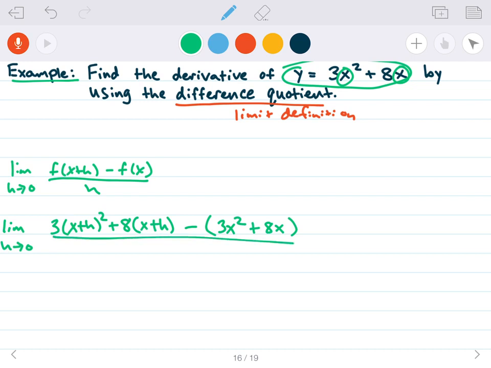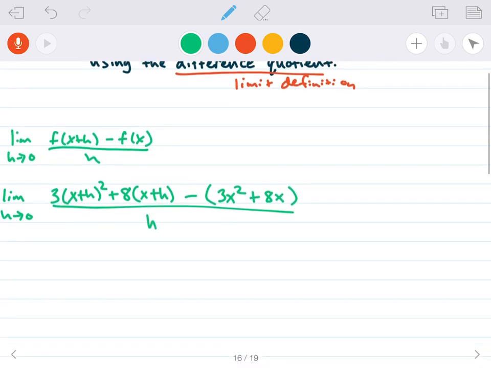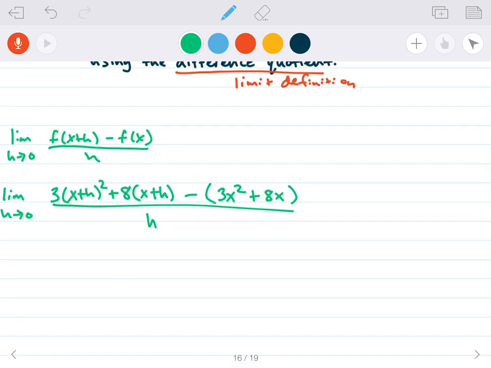all over h. Okay. So let's clean up the numerator a little bit. Let's go ahead and distribute the x plus h's. Well, again, x plus h squared, we do that off to the side. We get x squared plus 2xh plus h squared.